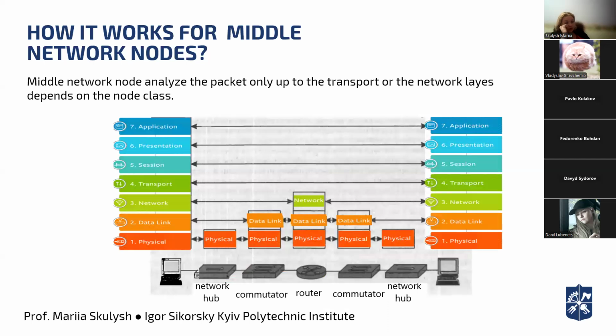What about how it works with the network? So we have 7 levels, and how deeply the packets are understood during transmission on the layer. Actually, I can show. Just a minute, I have not so much time.